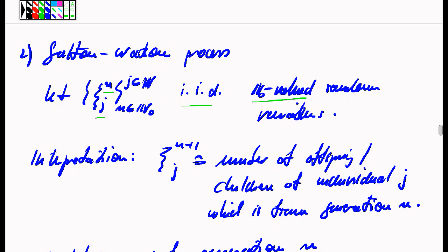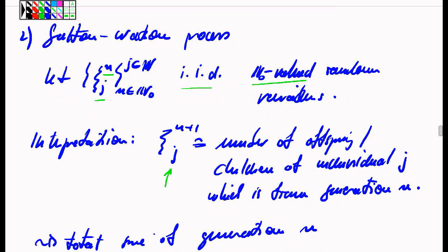These two different indices have a different role. J stands for the individual j in the (n+1)th generation of a given family, or generation in a given succession of infected patients. So psi_{j,n+1} is the jth individual in generation n+1.